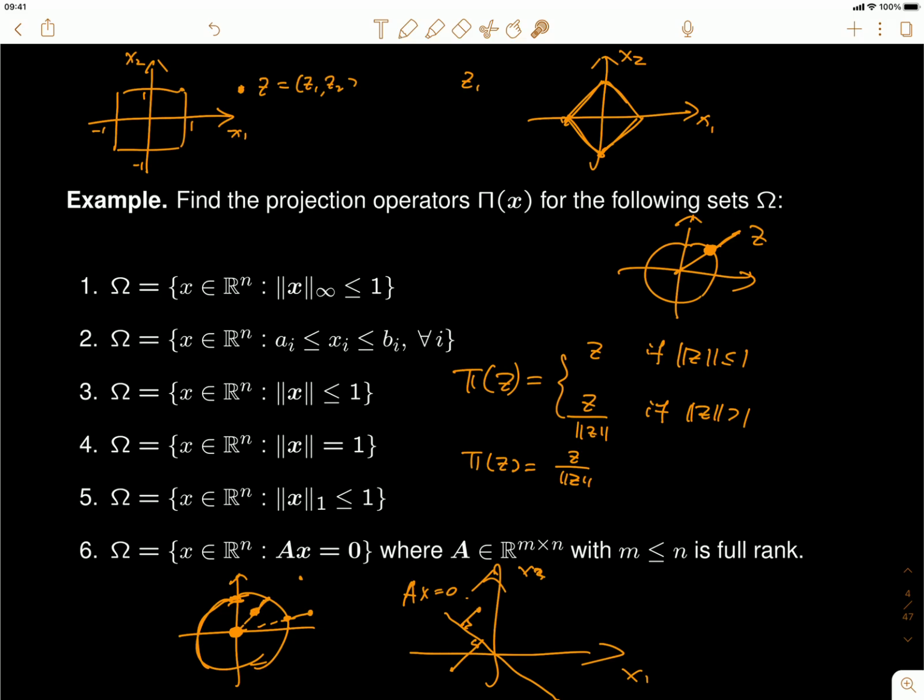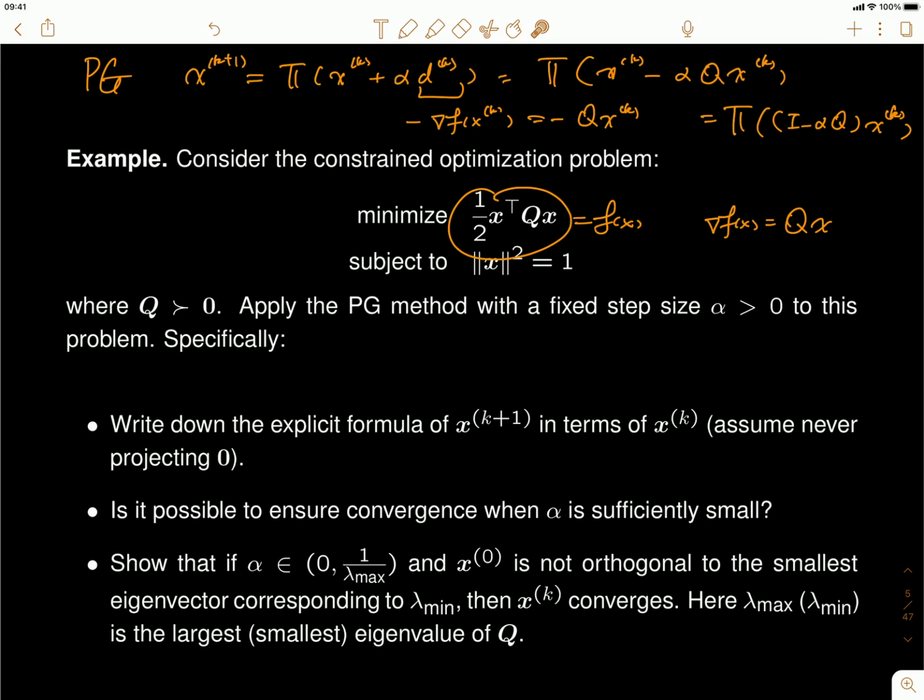But let's assume that we never reach the origin, so it's always a non-zero point. Each projection just gives us the inside divided by the norm of the inside itself. So that's what the projected gradient method is doing.